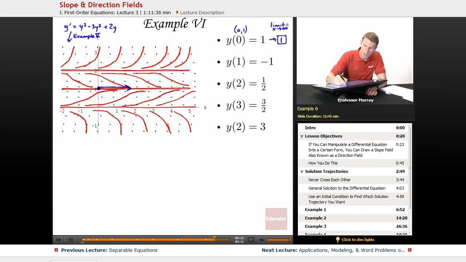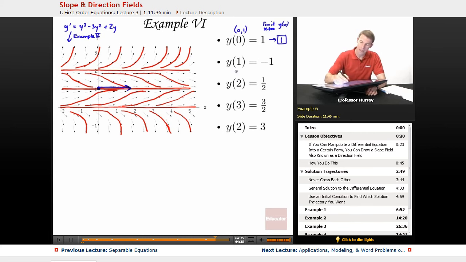Let me give myself a little more space in case you're having trouble seeing that at the edge of the screen. That's how we're going to figure that out.